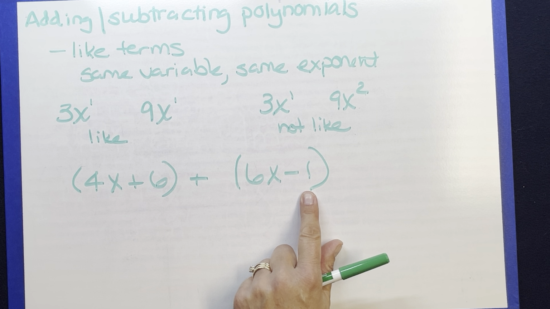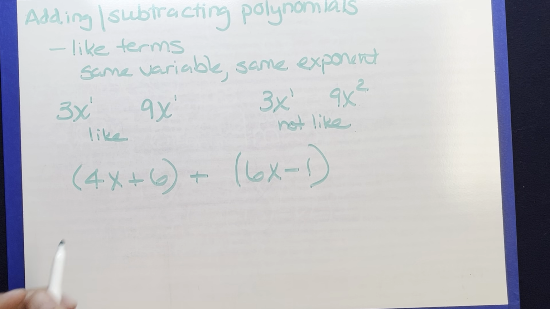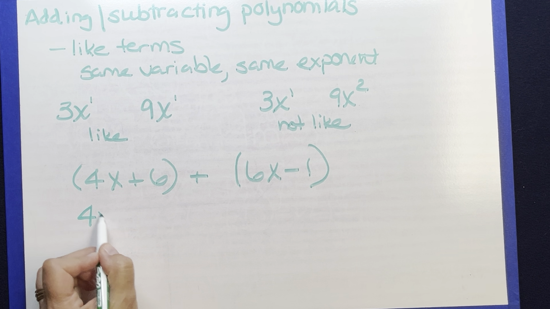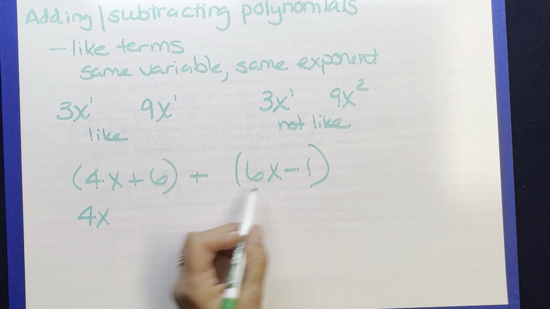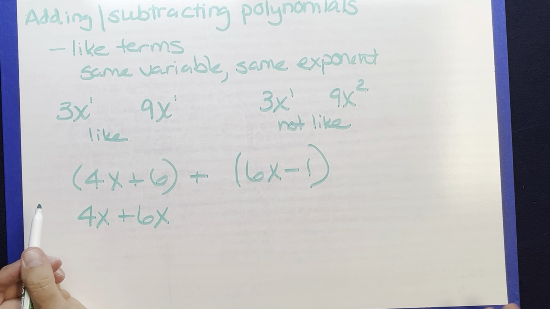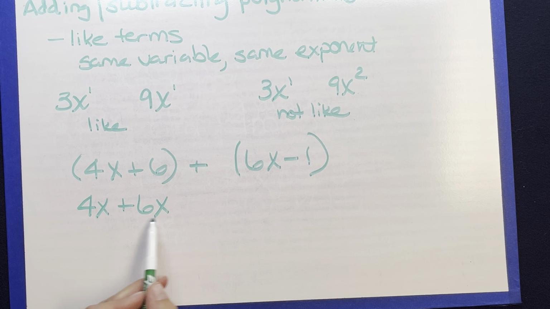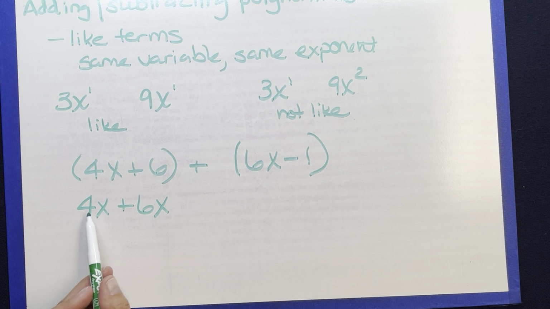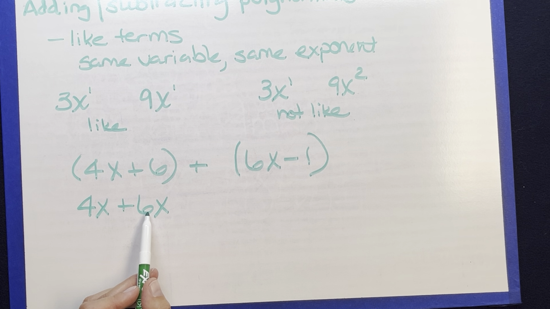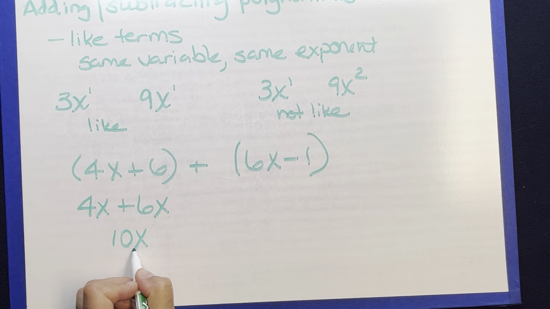So the first thing I'm going to do is pull out the like terms for the variable. So I've got a 4x, but then I also have a positive 6x here. They're both plus. There's no negative sign in front. So I'm going to take these out and combine them by adding together the coefficients. So the 4 and the 6 add up to 10x.